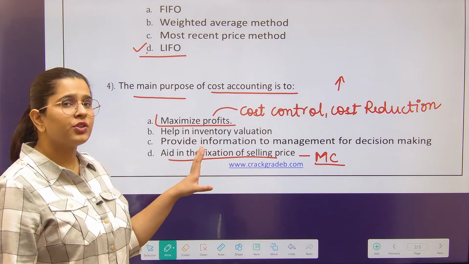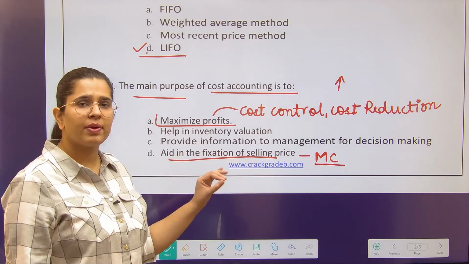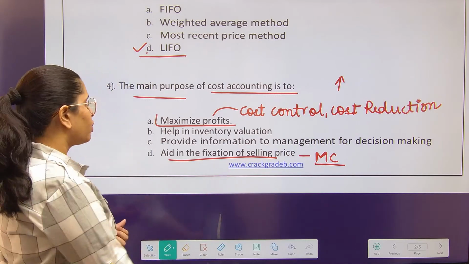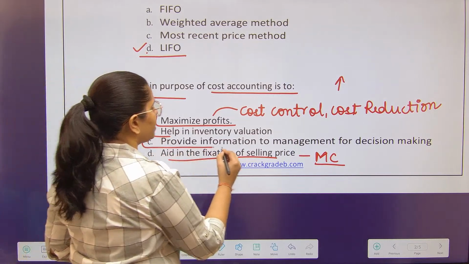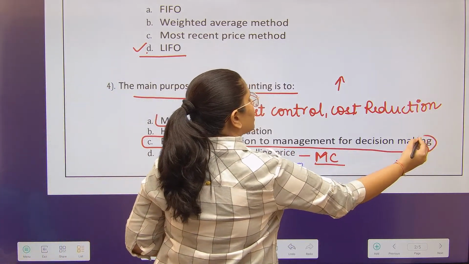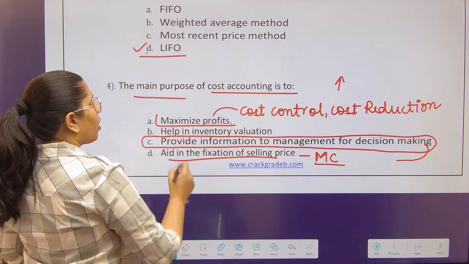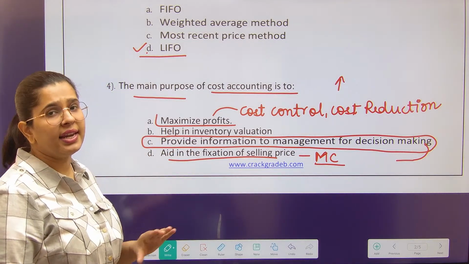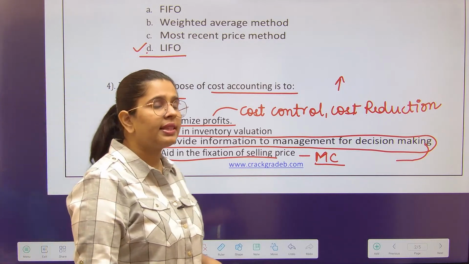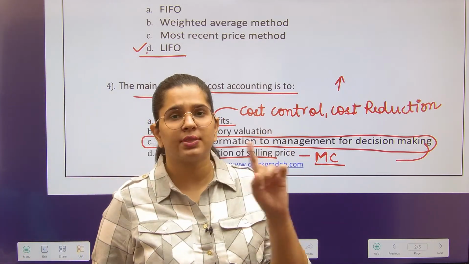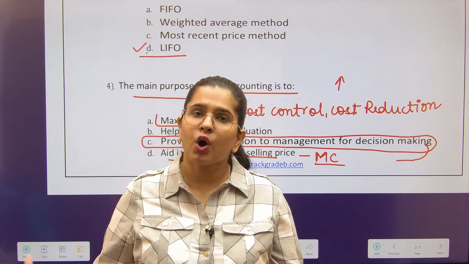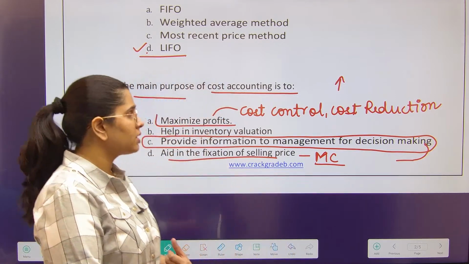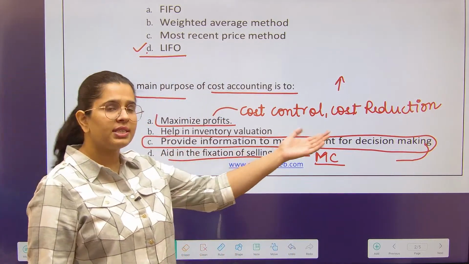But here the trick is, in any kind of MCQ based exam, always look for the broader option. If you see option number three, A, B and D are very narrow in scope, meaning they focus on only one aspect of cost accounting. But option C is the broadest one, correct? It says that cost accounting helps management in decision making.